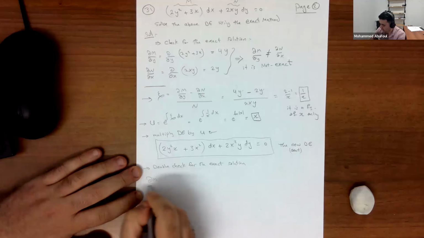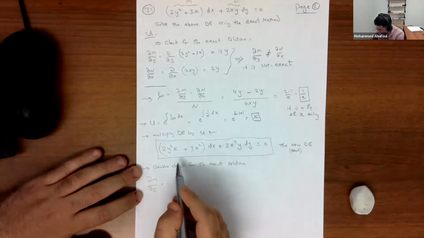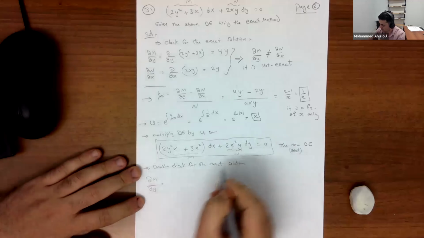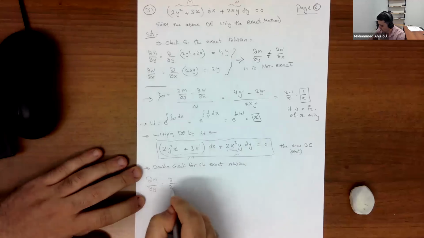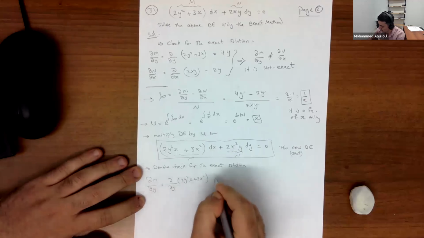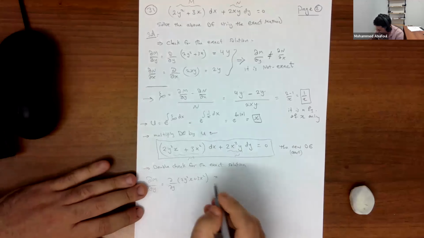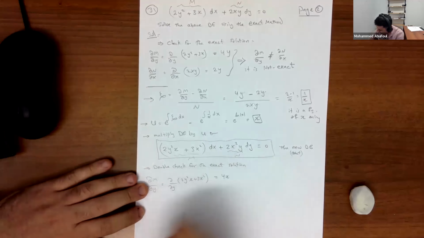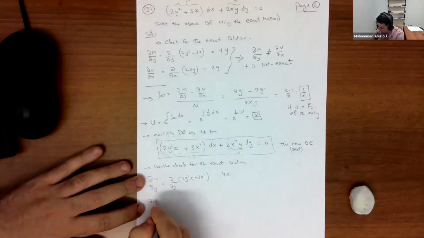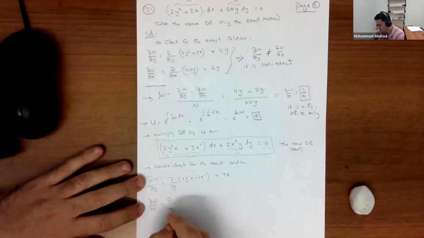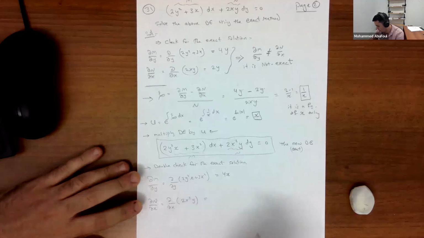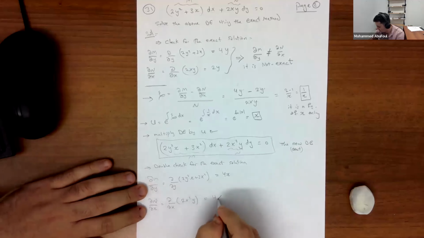We need to find dM over dy, where this is the new M and this is the new N. The new M is 2y squared x plus 3x squared, and differentiating with respect to y gives 4x. Then dN over dx is the derivative of N, which is 2x squared y, with respect to x, which is 4x also.